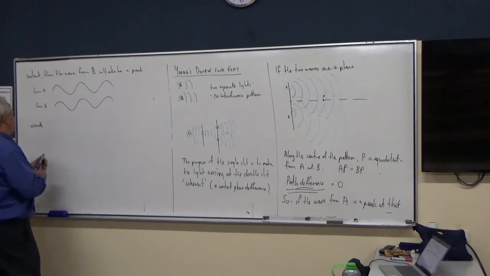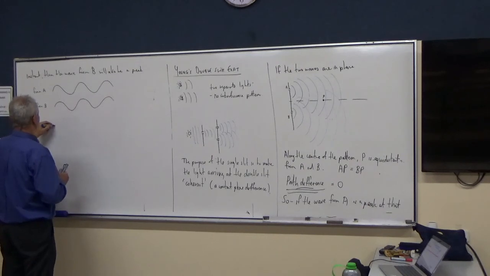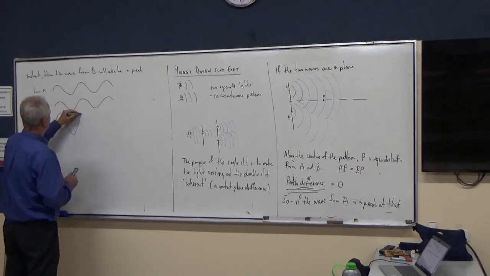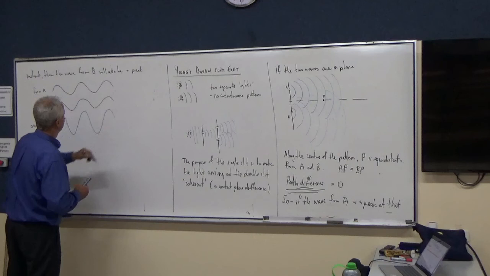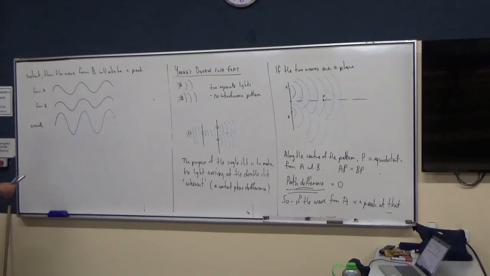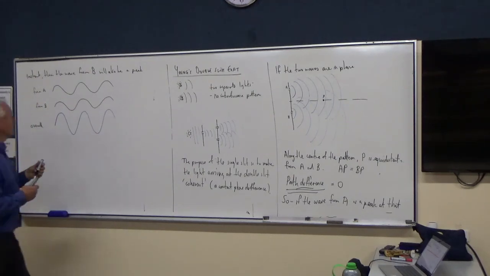And so the total is just going to be like that. So we've got like double peak, double trough.